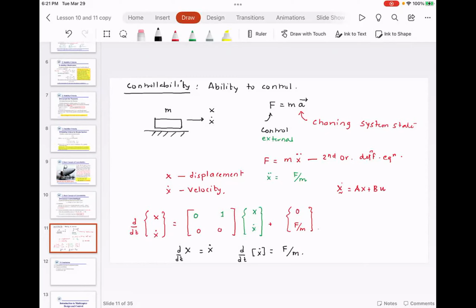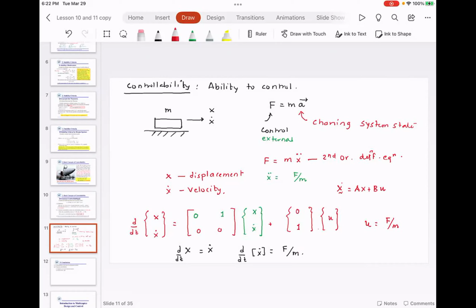This equation will be written with u equal to f divided by m. So this simple dynamical system, the mass under Newton's second law, can be expressed as a first order system.